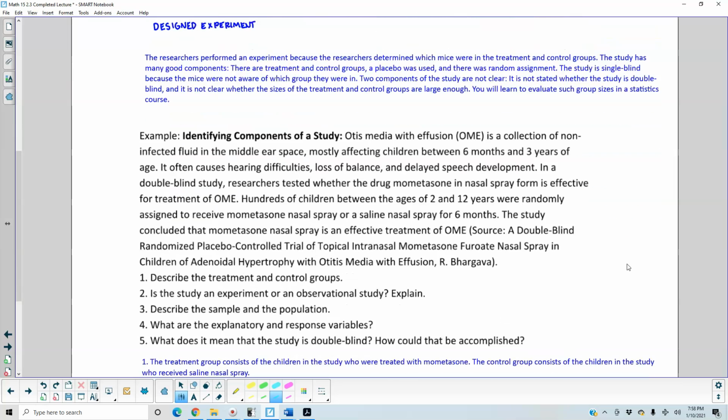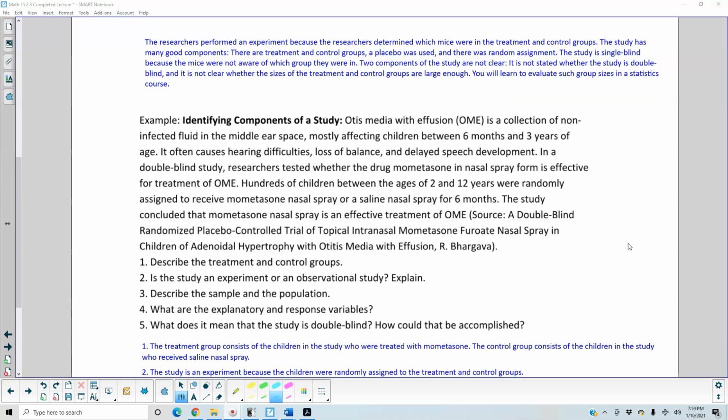Another example. Identifying components of a study. Otitis media with effusion is a collection of non-infected fluid in the middle ear space, mostly affecting children between 6 months and 3 years of age. It often causes hearing difficulties, loss of balance, and delayed speech development.